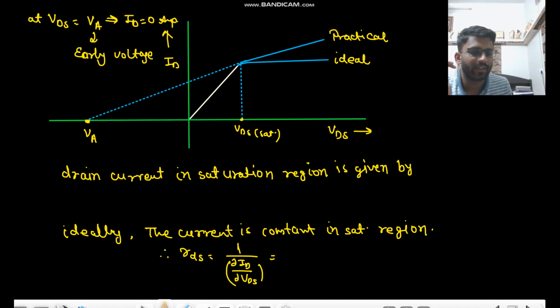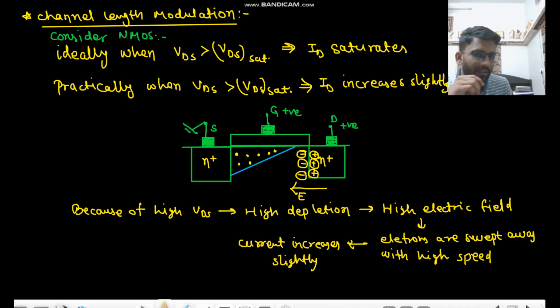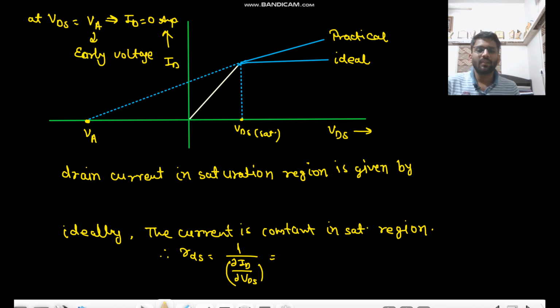The channel length is modulated here. The channel length becomes a bit short. Before that, the channel was complete, but now the channel length has become short. So, considering channel length modulation, the negative value of VDS at which the ID current becomes 0 is known as early voltage. Okay, so you may write it in your notebook.